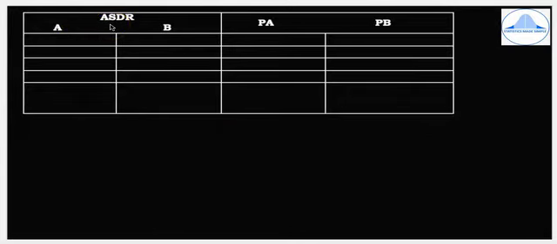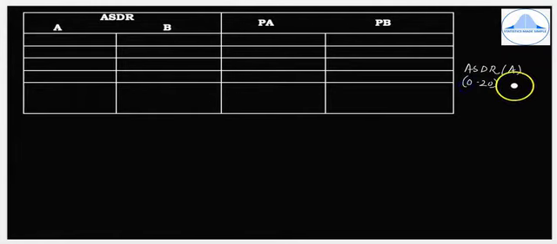So now let us calculate ASDRs, that means age specific death rates for the villages A and B. Let me show you an example. How do we calculate ASDR for the first age group? ASDR for village A for the age group 0 to 20.